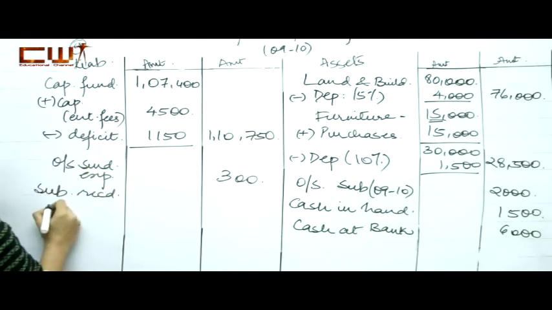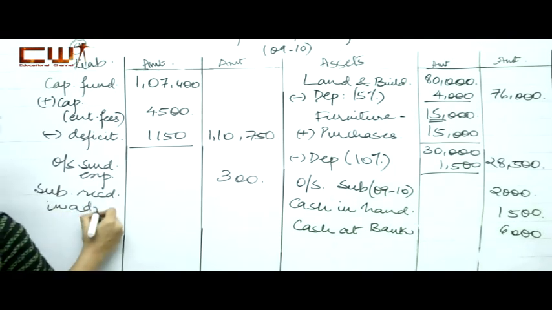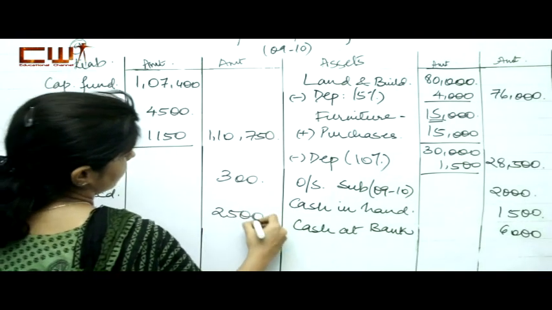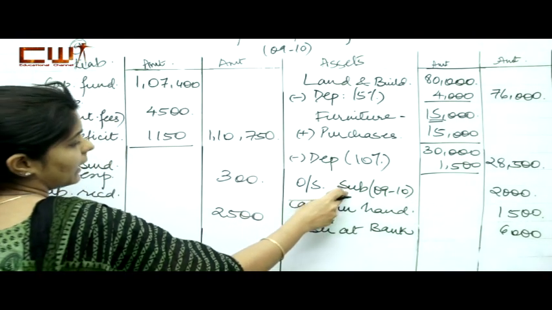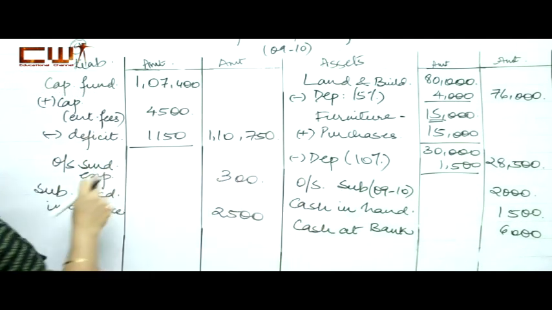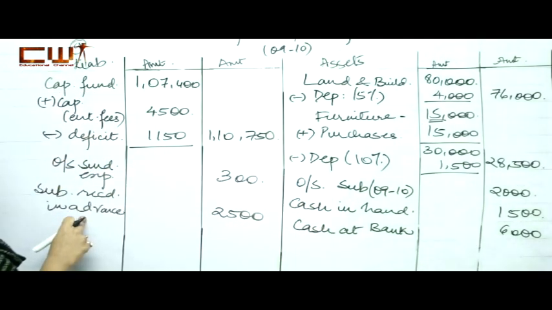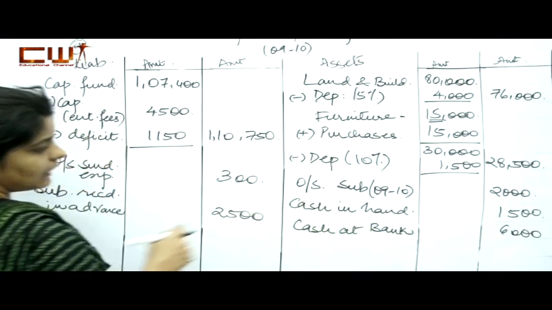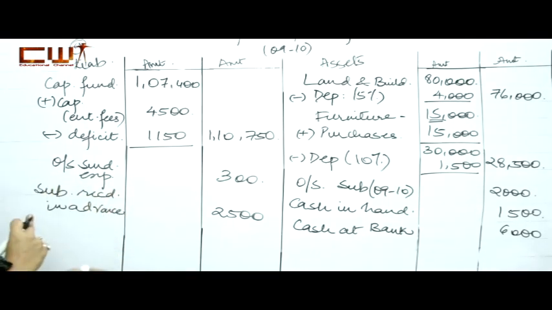How much is it? 2,500. Outstanding incomes go on the asset side, and prepaid or received-in-advance incomes go on the liability side. Outstanding expenses go on the liability side, and prepaid expenses on the asset side. So it is just the opposite, right?